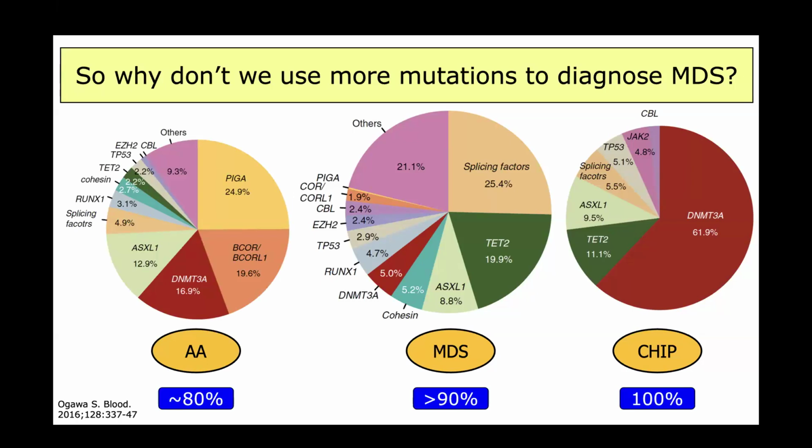Although there's a lot of overlap, there's a quite striking difference in the gene types seen in aplastic anemia, with the two on the right, in particular PIGA, BCOR and BCORL1, dominating in aplastic anemia and being relatively infrequent or hardly ever seen in pure MDS.